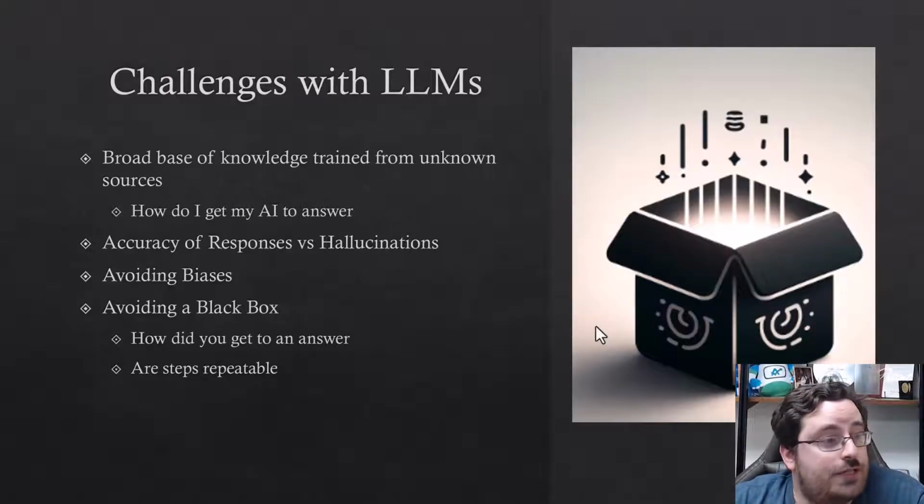So there are a lot of questions that relate to how do I know if the answer I'm getting is a fact or is it something that was just generated by the AI, which leads to accuracy of responses versus hallucinations. If an AI gives you an answer that's not true, it's typically referred to as a hallucination.